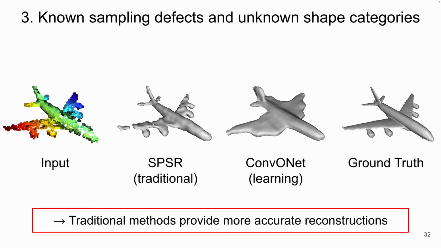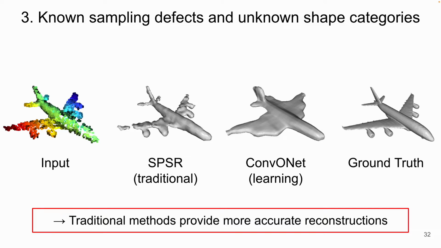And now for this last experiment, we train the networks on the smaller and simpler ModelNet dataset. And we test again on ShapeNet with the same sampling. So the difference to the previous experiment is that the networks have never seen an airplane before, but are asked to reconstruct it. And again, for this task, the learning-based networks do not work so well.